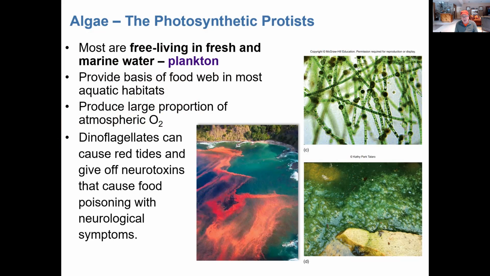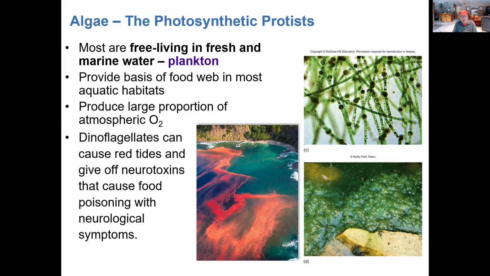And when conditions are just right in the ocean, temperatures just perfect, and the nutrient supply is just perfect, these dinoflagellates will begin to divide exponentially to the point at which the water literally turns red from the pigments and also toxins that these microscopic algae give off.